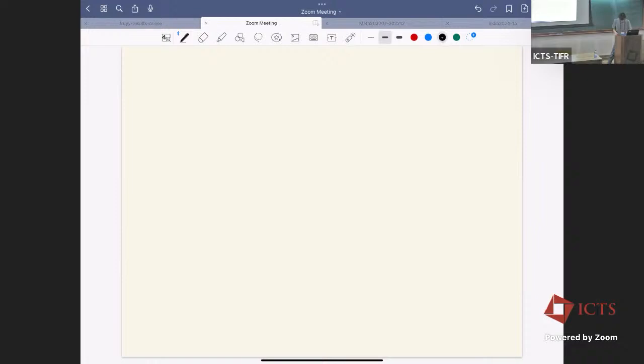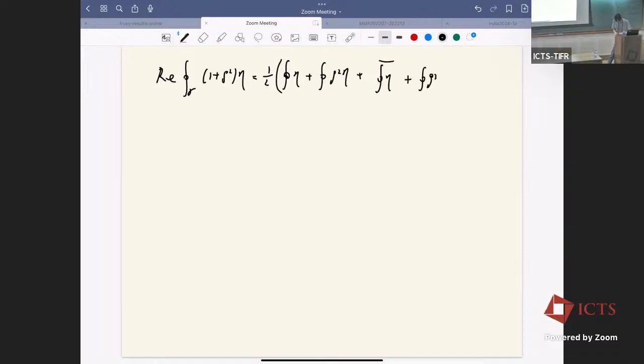The first component is the integral of 1 plus g squared eta, equal to 1/2 of eta plus g squared eta plus eta bar plus g squared eta bar.